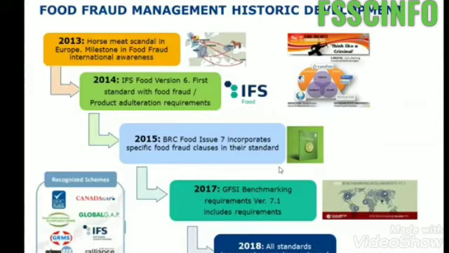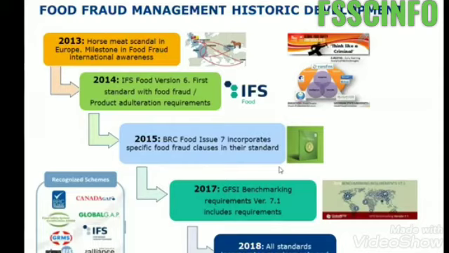So in 2013, there was one of the big scandals of food fraud that happened in UK, and the supply chain was so complex that many countries were involved: Belgium, Netherlands, France, and UK, and different markets as well.